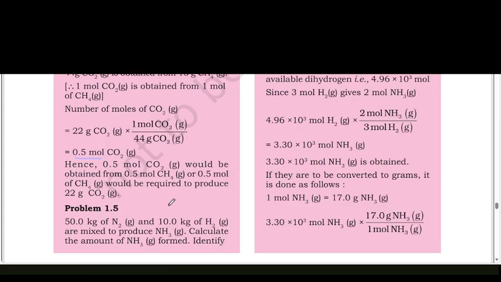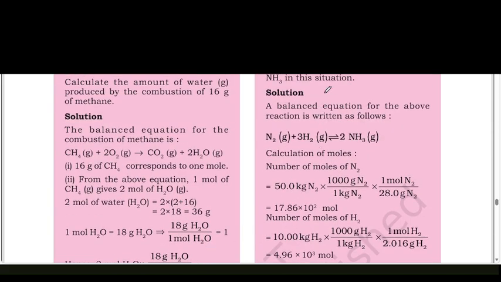50 gram N2 and 10 kg of H2 are mixed to produce NH3. Calculate the amount of NH3 formed. Identify the limiting reagent in this situation. So N2 plus 3H2 gives 2NH3. For N2, 50 into 1000 for conversion into gram, divided by 28 equals 17.86 into 10 to the power 2 moles.